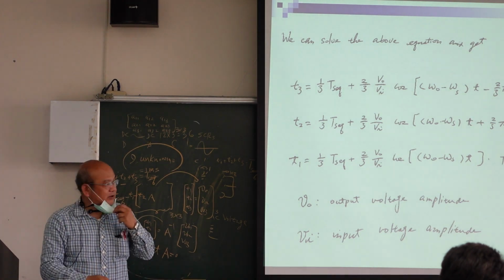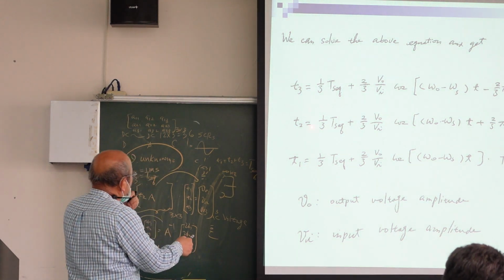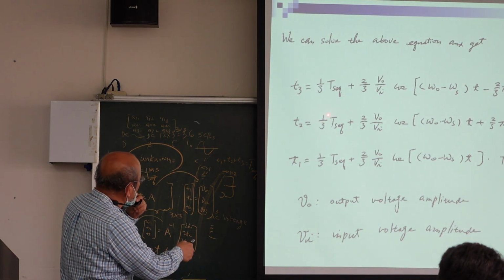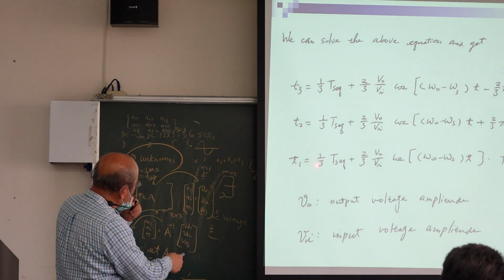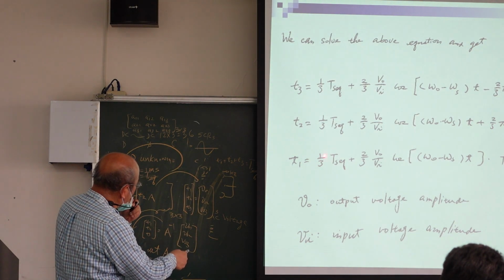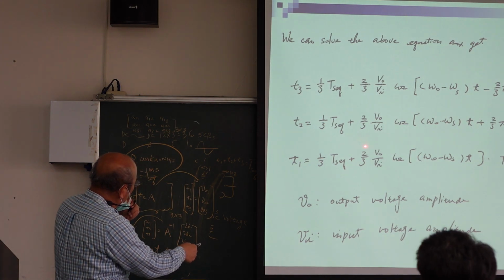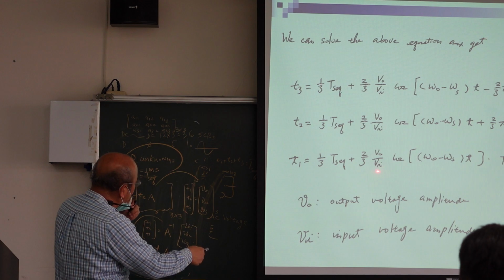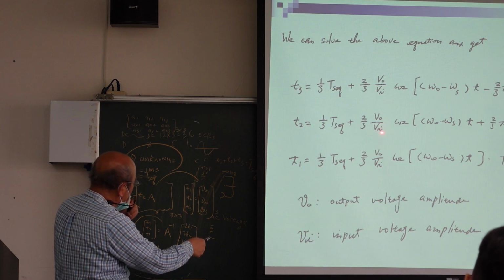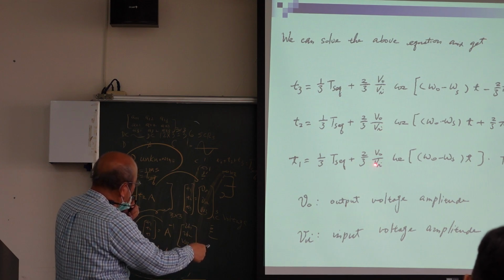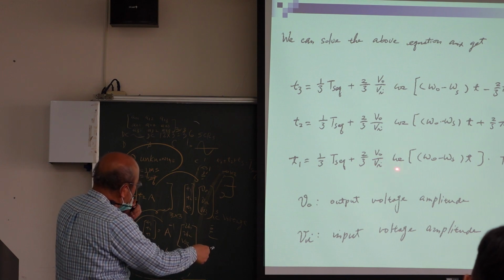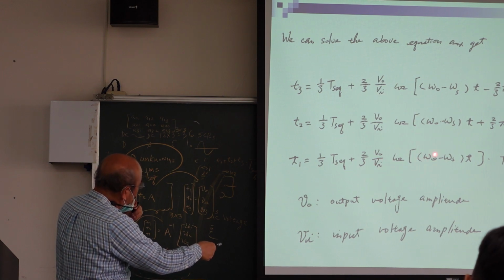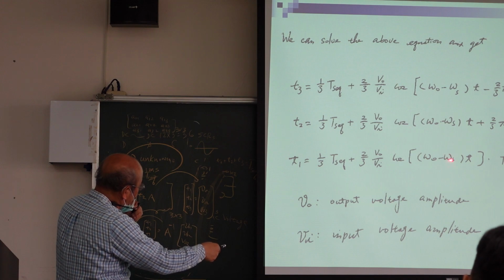So he found T1 is here, T2 is here, T3 is here. What is T1? It is equal to 1/3 of T seconds plus 2/3. This is output amplitude. This is input amplitude. Output could be 110, input is 220. This is cosine. This is output frequency. This is input frequency.